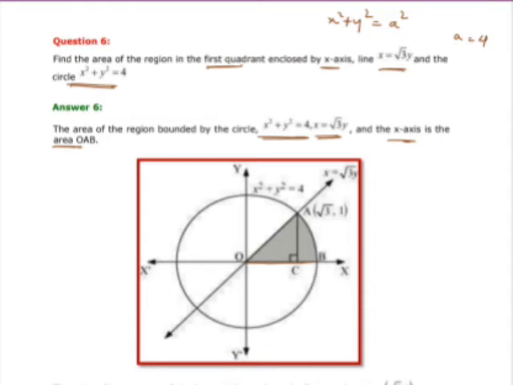So we have to plot the circle x square plus y square equals 4 and we have to take the line x equals root 3 y. So it is passing through the origin.